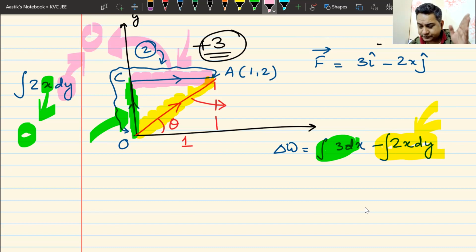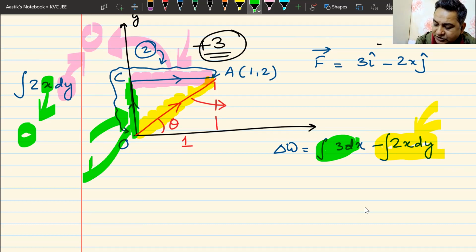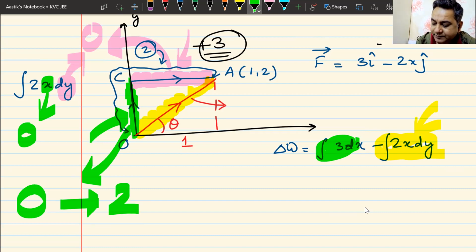The value of y is changing from 0 to 2 in the green path, but in the green path, the value of x is 0. So the integral becomes 0.